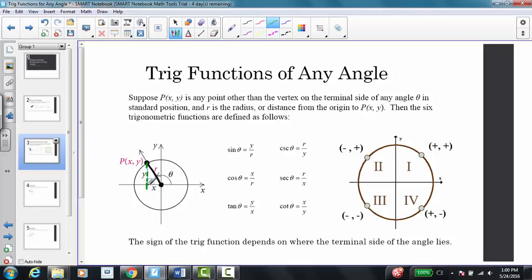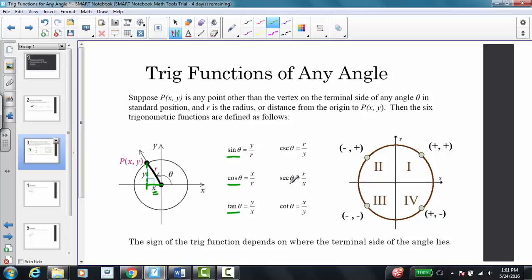So if I'm going from my origin to that line, I'm going to travel a distance of x. Same over here, this line, I'm traveling a distance of y. So my trigonometric functions are defined as follows: sine theta equals y over r, cosine theta equals x over r, and tan theta equals y over x.